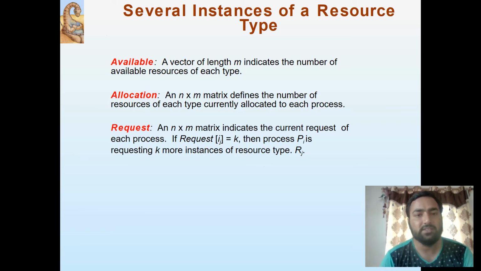Then comes Allocation. It is an n cross m matrix which defines the number of resources of each type currently allocated to each process. Then the Request variable, which is an n cross m matrix which indicates the current request of each process. If Request[i][j] is equal to k, then process Pi is requesting k more instances of resource type Rj.